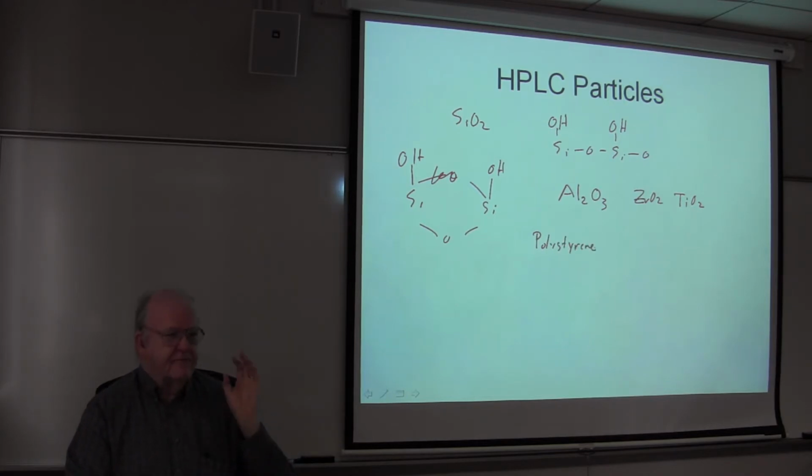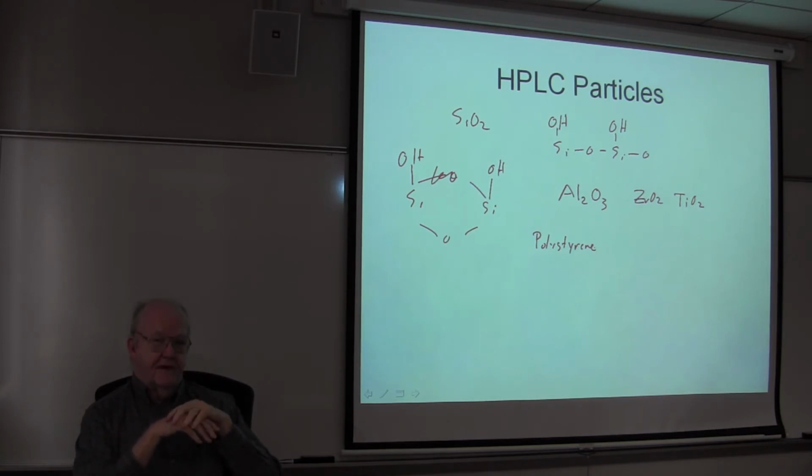Except we're talking porous polystyrene. And the polystyrene is very, very, very highly cross-linked. Because if you don't cross-link it and you apply 4,000 or 5,000 psi to it, the polymer scrunches down. You don't want that.